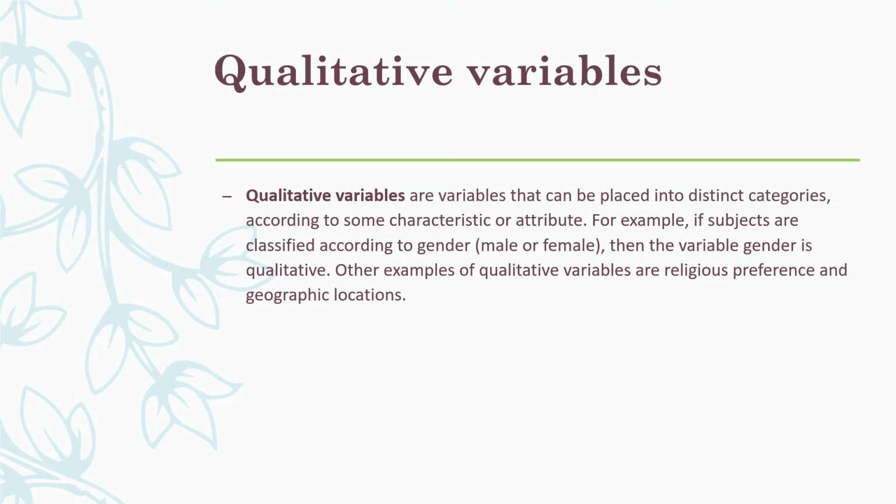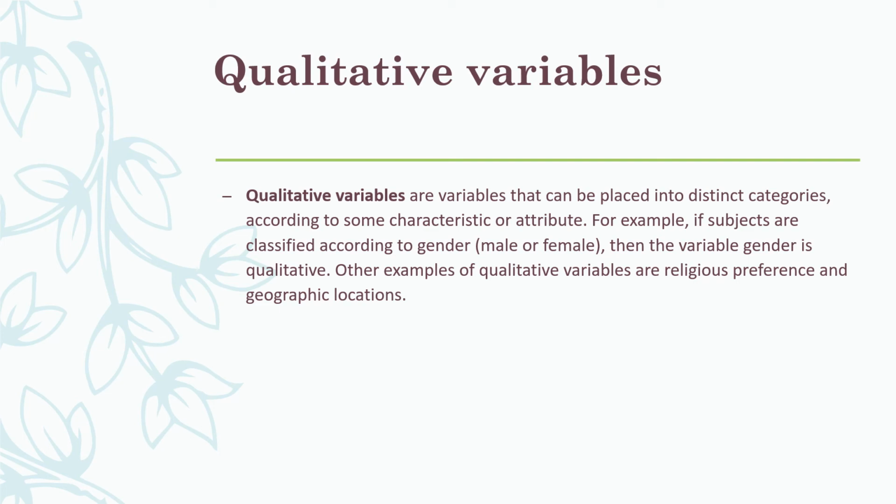And of course, today gender takes on a lot more categories than the traditional ones. Gender is qualitative because it can be put into categories. Religion, ethnicity, those are other variables that are qualitative in their nature, because there's no quantitative value to be assigned to a specific gender or to a specific religion.